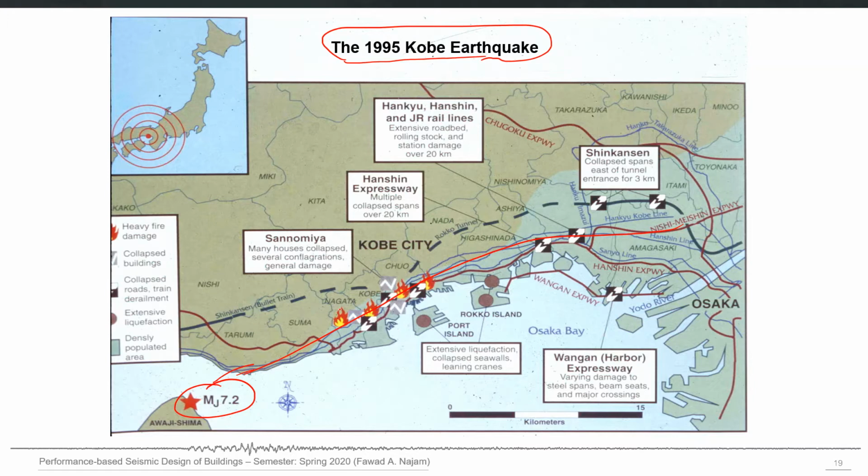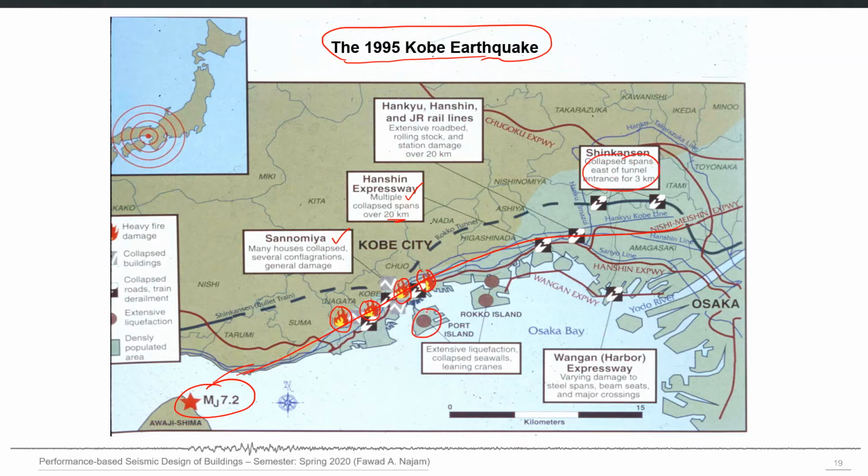These locations with fire symbols are basically telling us the locations of earthquake-induced fires. But not only fires, we have many houses collapsed, and similarly the multiple collapsed spans of over 20 kilometers of this Hanshin expressway. Similarly here also several collapses.